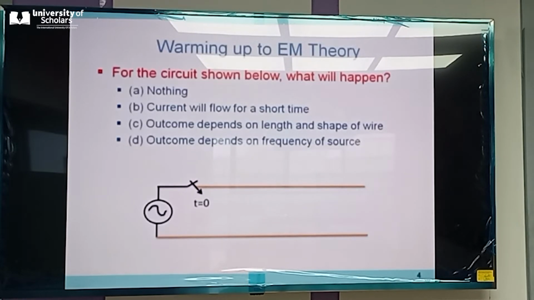One can also say that the problem is not completely defined, in the sense that I have not told you the length and the shape of the wire. I have also not told you the frequency of the source. Would all these things matter? Let us look at each of these responses individually, and understand where the limitations of circuit theory lie.